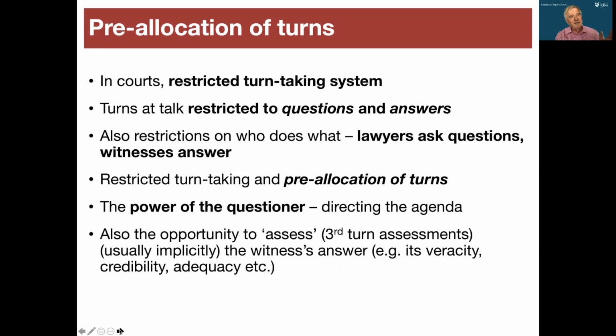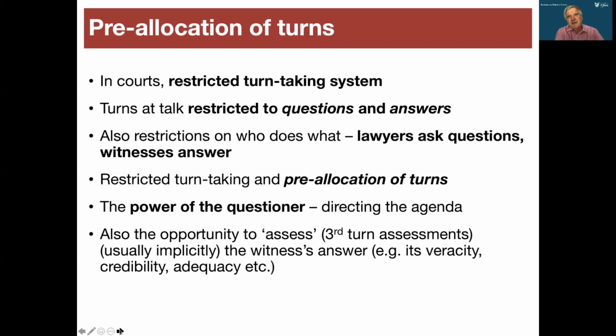But for the moment, think of the power of the questioner as setting the agenda, but there's also something else, which is that they have, in a sense, the third turn. The lawyer asks a question, then the witness or defendant answers. Now there's an opportunity to assess the answer that the defendant or witness gave.